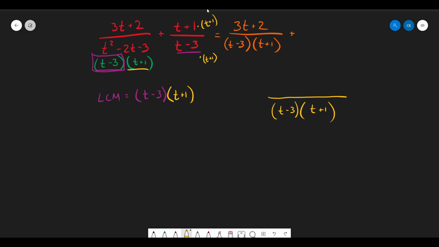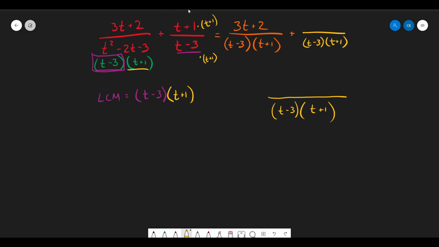It's the same as when you have a fraction and you're trying to get a common denominator. You have to multiply both top and bottom by the same number. That's what we're doing here. We are making this denominator t minus 3, t plus 1. That's what we want to do. But I can't just change it without doing the same thing on bottom and on top.